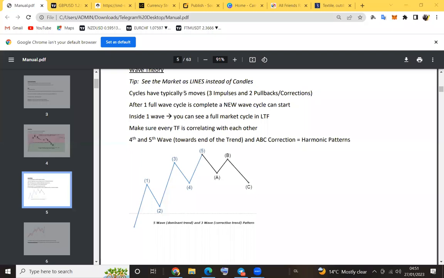So in these 5 movements, we have 3 impulsive waves and 2 pullbacks, which are corrections. After one full wave cycle is complete, a new wave cycle can start. The new wave cycle is what I was trying to explain to you.